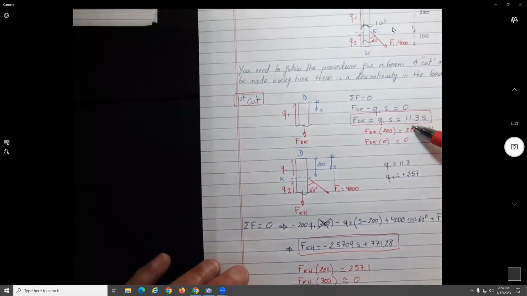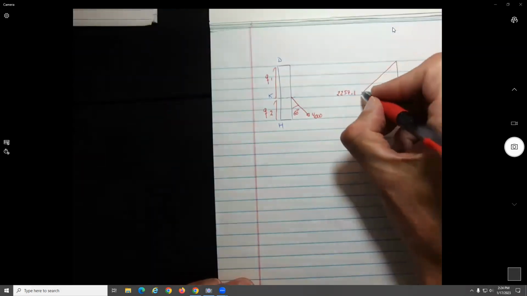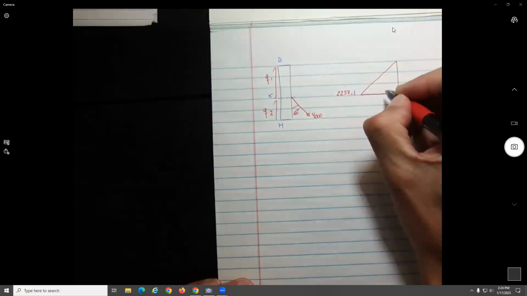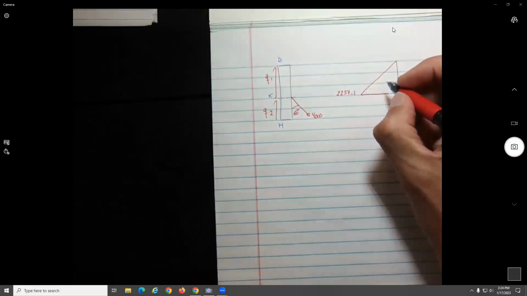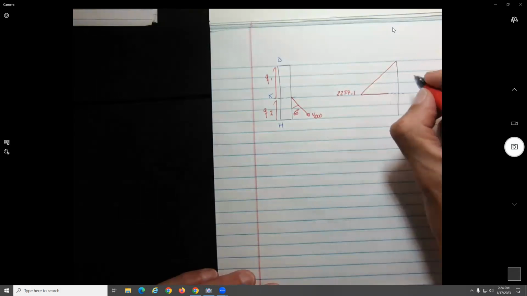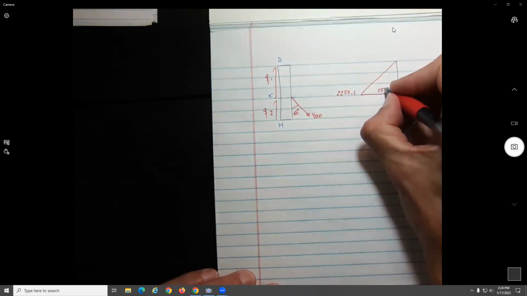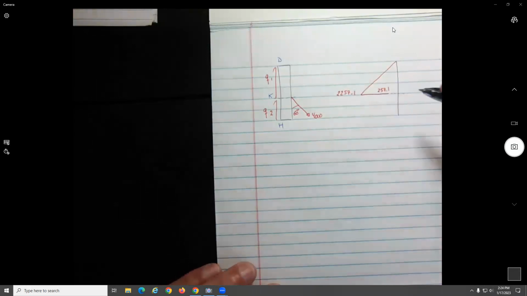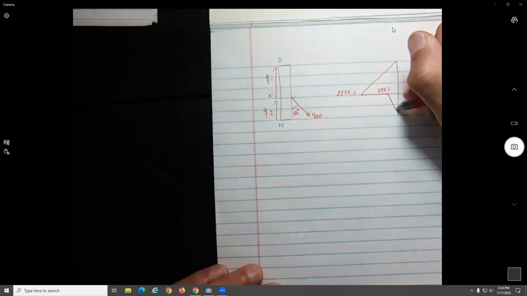We are from the first cut. The second cut, we see there's a jump. Here is 2,257, we go to 257.1. So it would be a jump here to 257.1. And then at the end here we have 0.